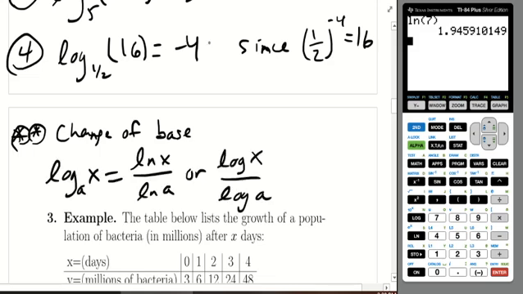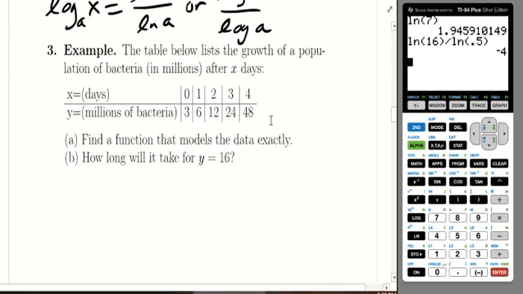So let's try log base half of 16 and see if we get the right answer. I do ln of 16, close the parentheses, divided by ln of a half, and I get -4.